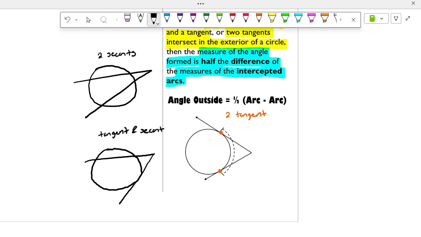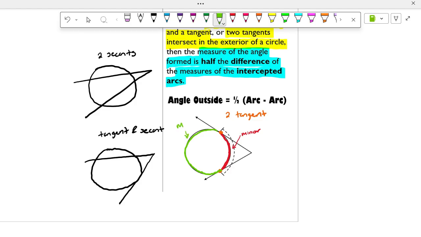Now, how it works is that I call this the big scoop of ice cream, because you got to figure out which one is the major arc and which one is the minor arc formed by those angles. The way you figure it out is that the minor arc will be the bottom scoop of ice cream. So this would be your minor arc. Your major will always be the top of the ice cream.